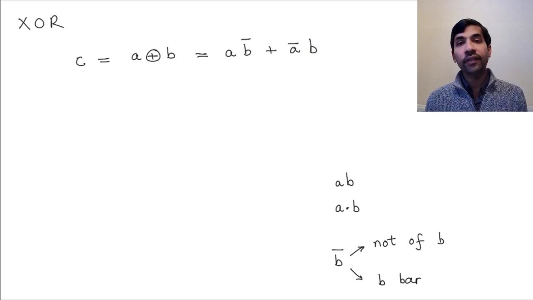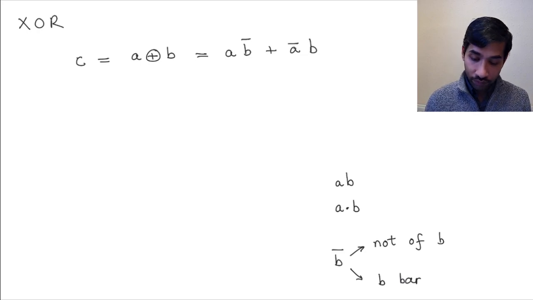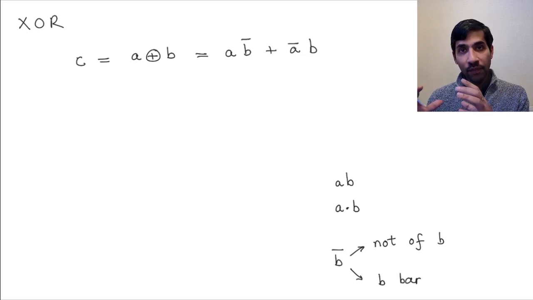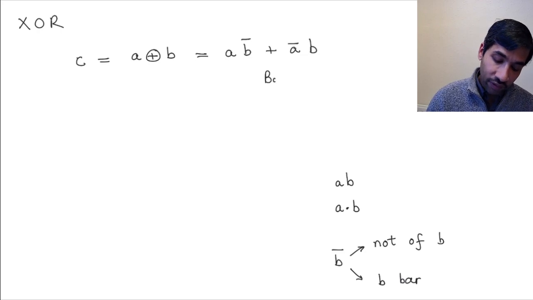Let's continue. Now let's say I want to know how this XOR gate works. The equation has been given to me, so how do I know what the XOR gate does? You can go from this algebraic equation, which is called the Boolean algebraic equation.